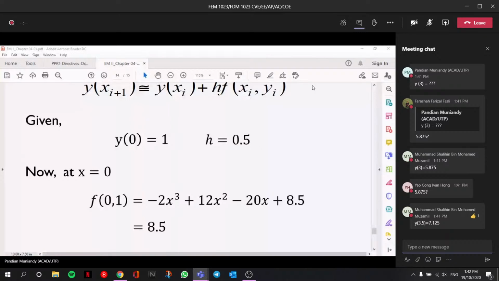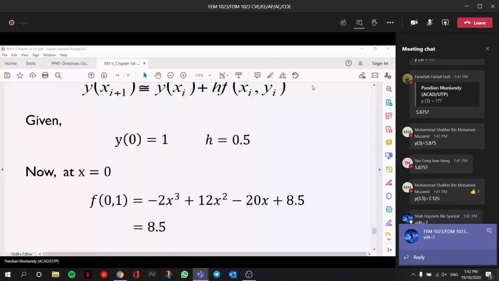Okay. Y3.5, 7.125. And then y4, you are saying 7. Y4 is 7.